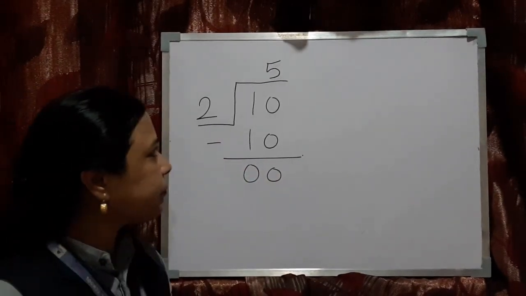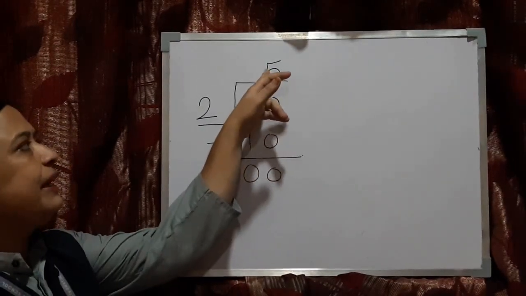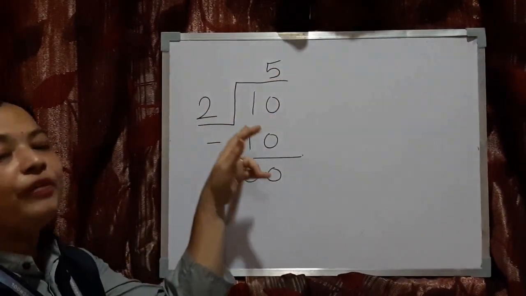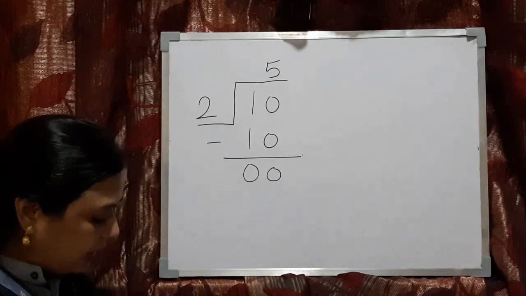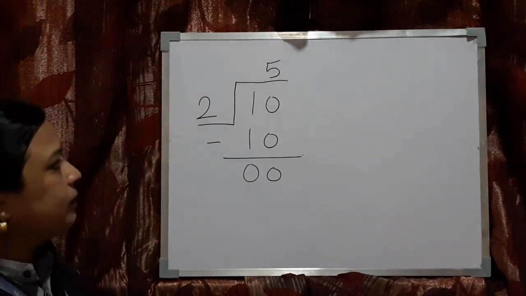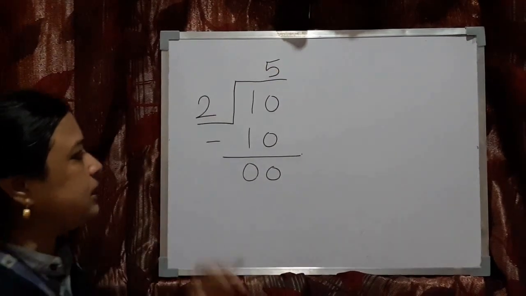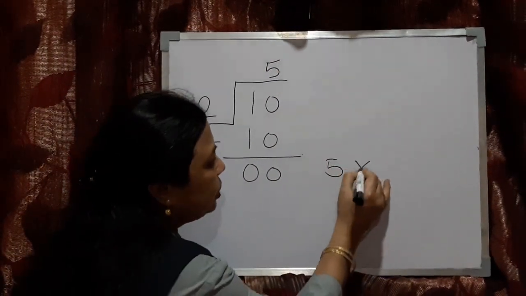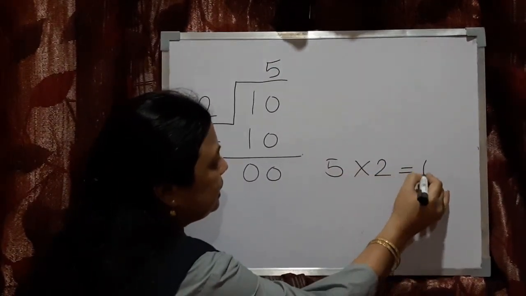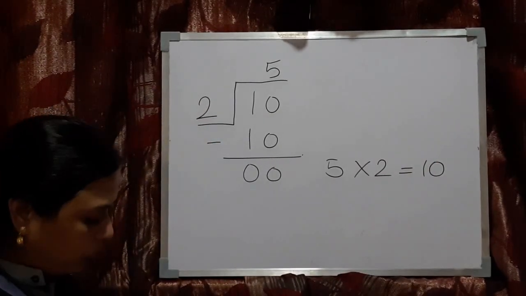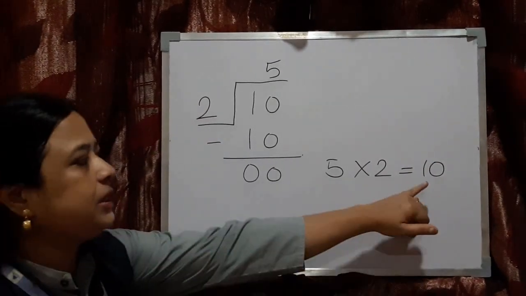So when we multiply two numbers, this 5 and 2, we get 10. And here what is given? The product of two numbers means this number and this number, 5 multiplied by 2. So the answer is given to us that the product of two numbers is 10.